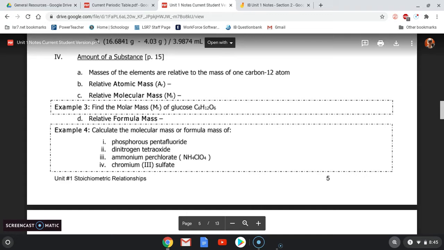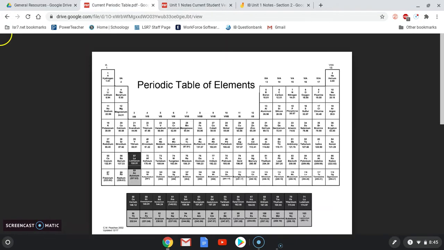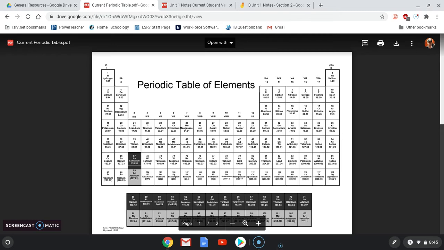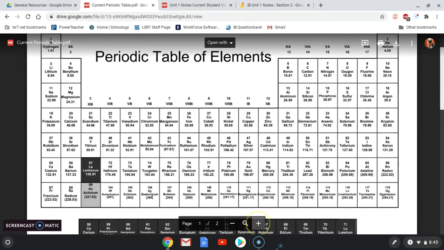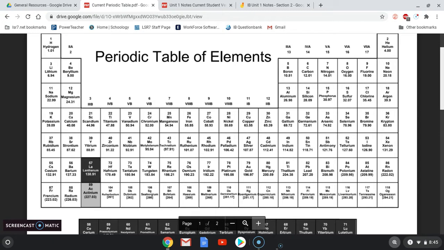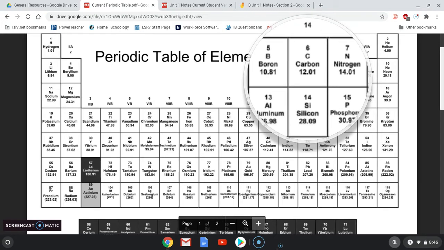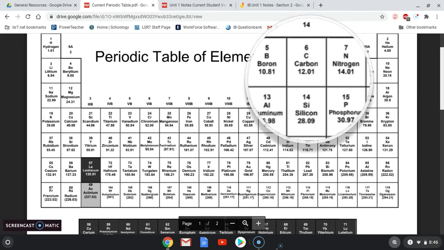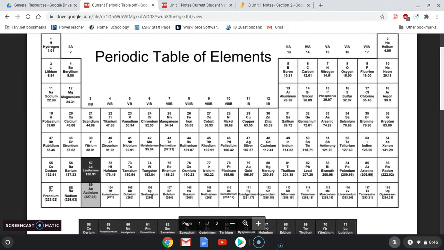So what do I mean by all of its isotopes? Well, if we go over to the periodic table and take a look, let me make this a bit bigger. When you're looking at an element, we can look at carbon real quick, 12.01. The number at the bottom there, that's the atomic mass, or the average atomic mass as I usually call it in my class.